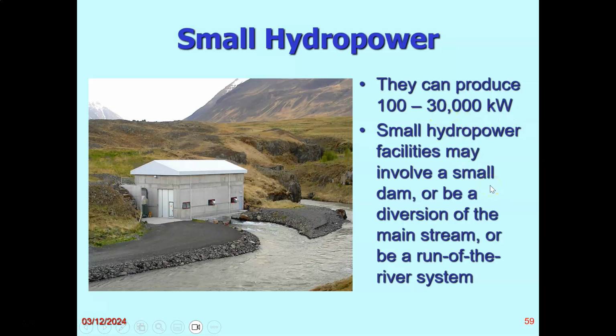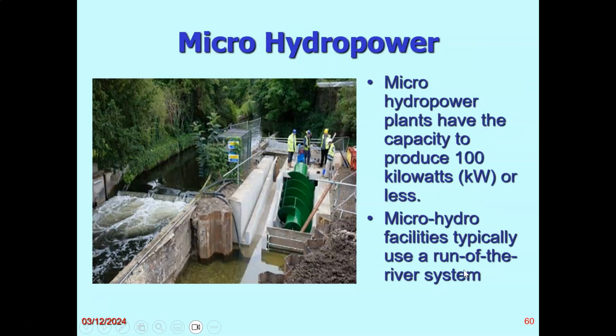And as we saw in the previous applications, hydropower facilities can involve a small dam, but can also be represented by the diversion of the mainstream, or a run of the river system.